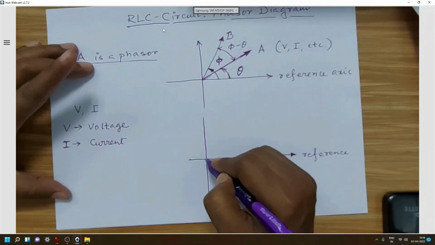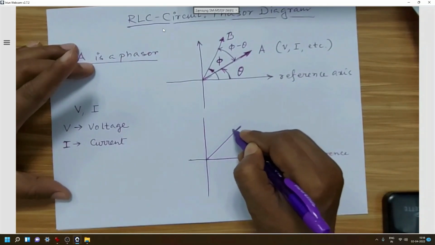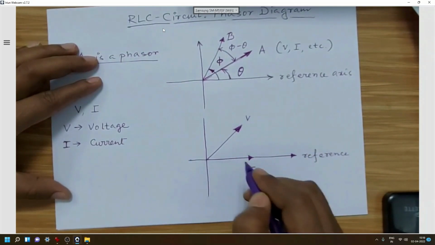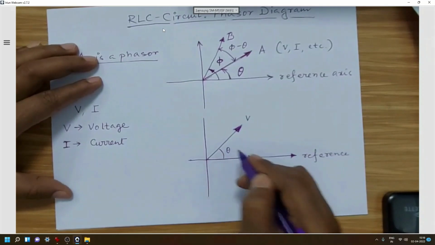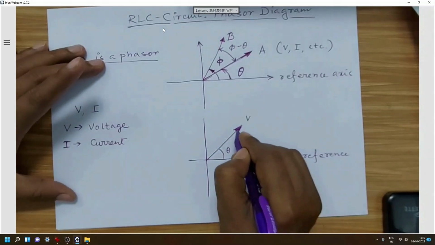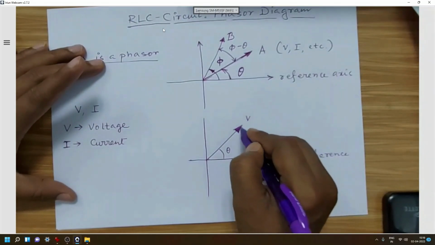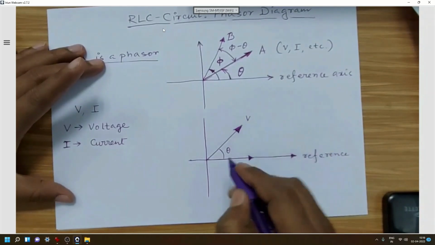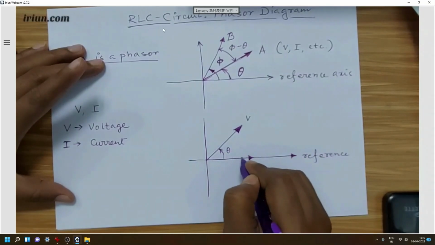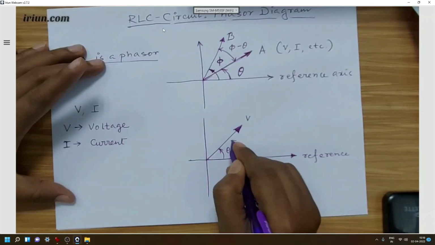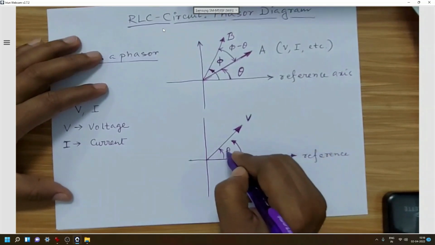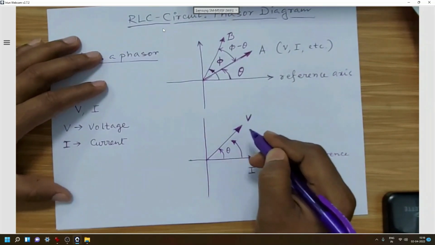And if we find that the phasor V has an angle, say theta, and we are getting the location of V after moving towards the anti-clockwise direction, then we will call this V a leading phasor, and this angle will be the phase angle between them.